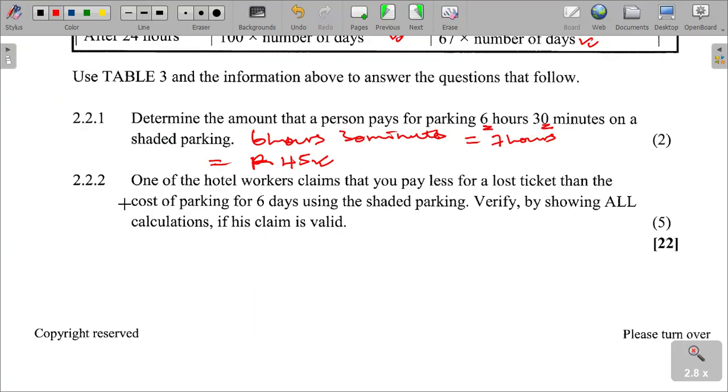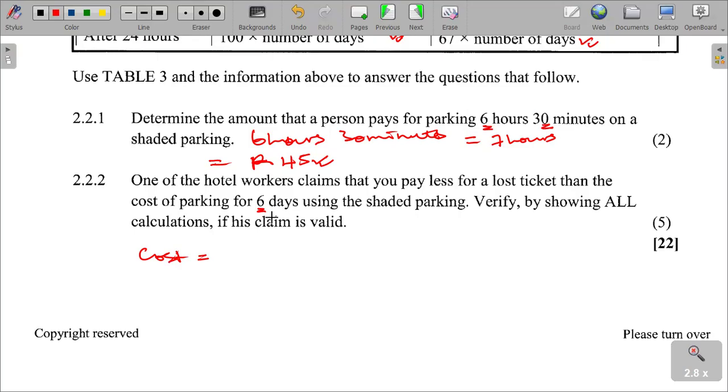And then the next question says one of the hotel workers claims that you pay less for a lost ticket than the cost of parking for 6 days using the shaded parking. Verify by showing all your calculations if his claim is valid. So he claims you pay less for a lost ticket than the cost of parking for 6 days.